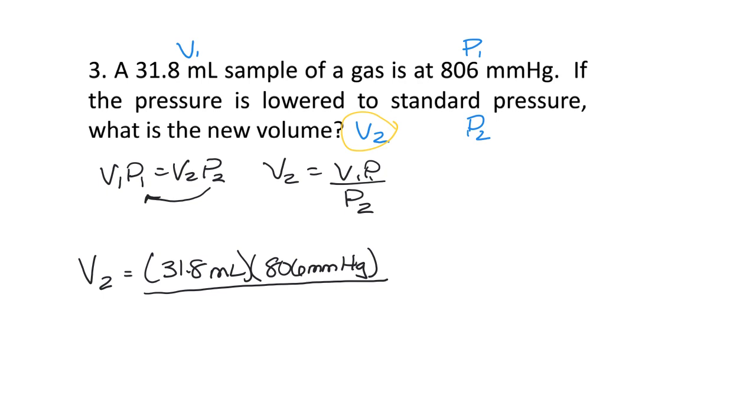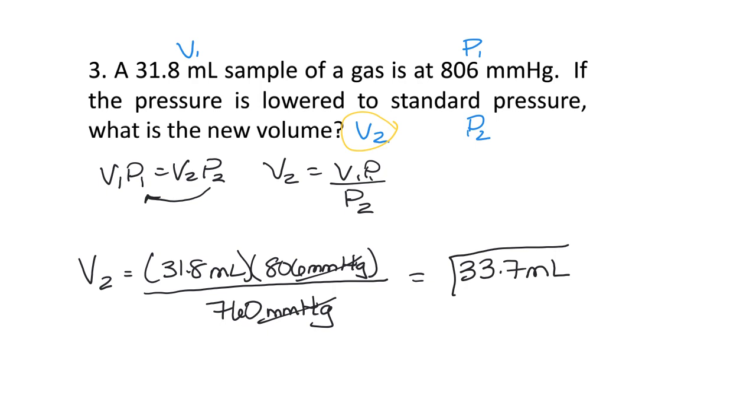So my standard pressure in millimeters of mercury is 760 millimeters of mercury. So that way my millimeters of mercury cancel, and I'm left with milliliters. So 3.18 times 806 divided by 760 is 33.7 milliliters. And that is my V2. And milliliters is a volume, so I know I did it right.